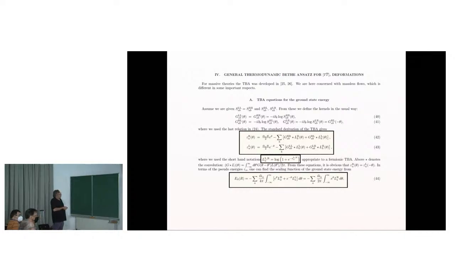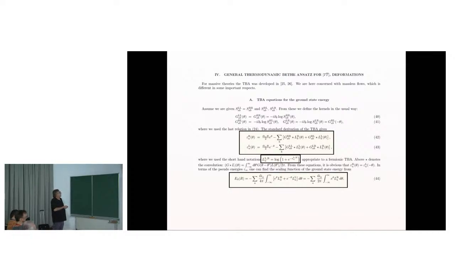These are the source terms, the driving terms; if there's no interaction, this is just the energy. Once you solve the integral equation, which you have to do numerically, there's a simple formula for the ground state energy, and from that I can get the effective central charge. So that's the main tool.